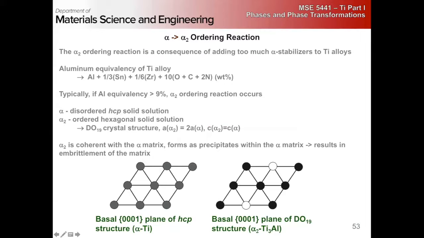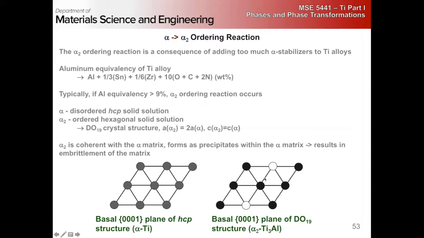So if we have an excess of alpha stabilizers, we can form ordered phases, like titanium 3 aluminum, titanium aluminide, right, which has a DO19 crystal structure, right? So it's still a hexagonal HCP-based structure, right?